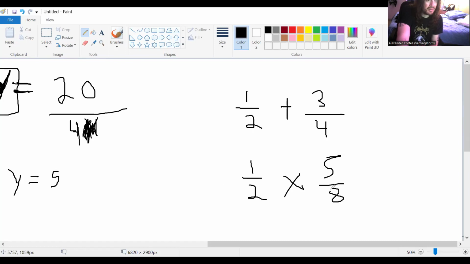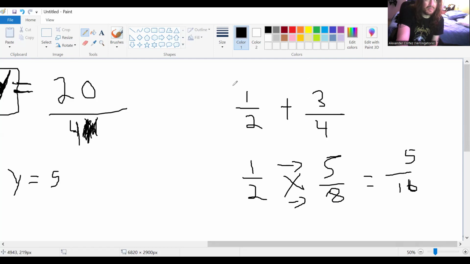When it comes to adding, multiplying, subtracting and dividing fractions, it's a lot easier to multiply fractions because all you do is multiply across. So here you would go 1 times 5, and then 8 times 2, 16. 5/16. Right, so multiplying is pretty easy, not a big deal.